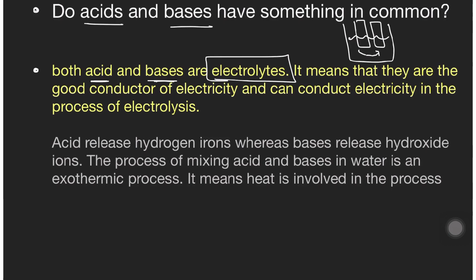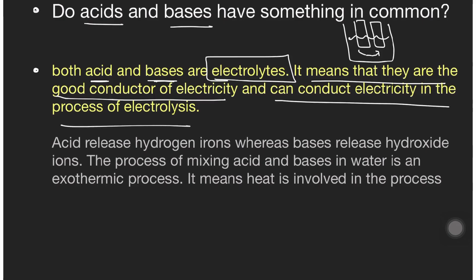It means that both of them are good conductors. They can conduct electricity in the process of electrolysis. So the quality that is common in acids and bases is that both are electrolytes, right?